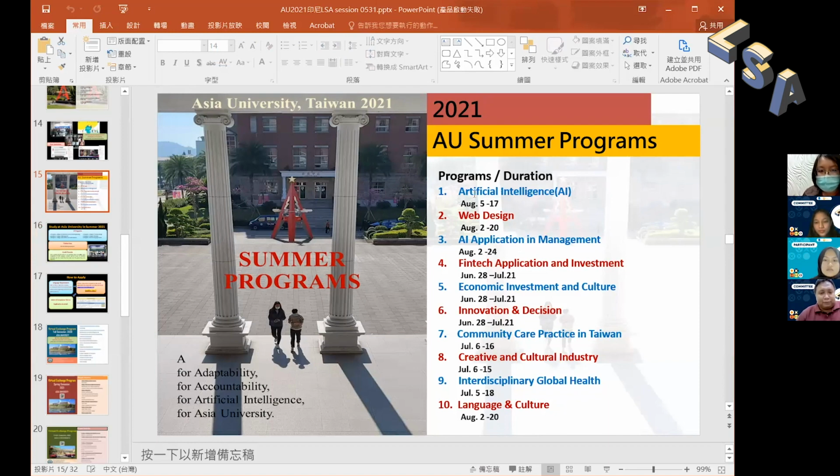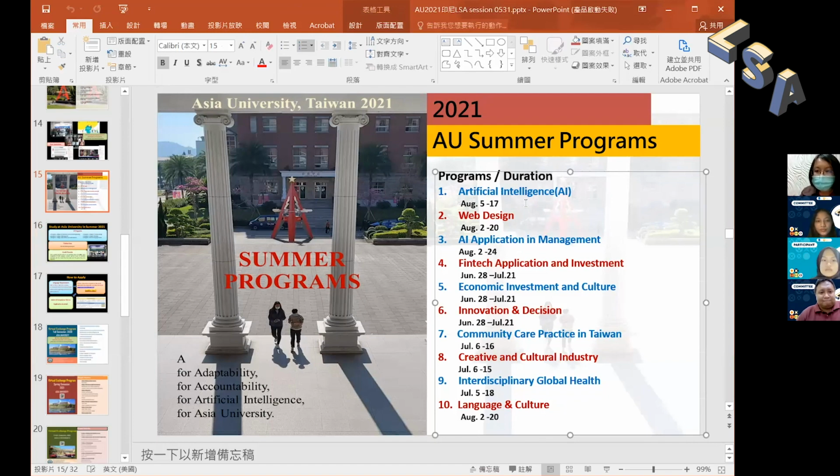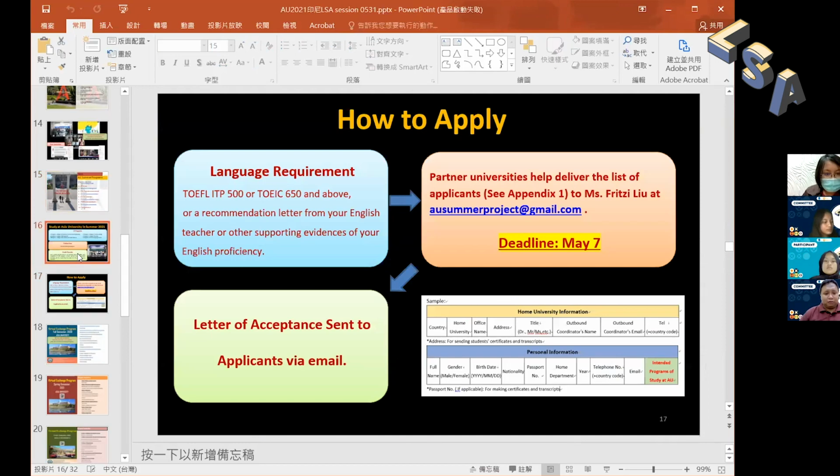So if you join the AI program and finish the homework and the quiz, you can get a transcript and certificate for 3 credits. And if you also join the web design, you can get another 3 credits in web design.